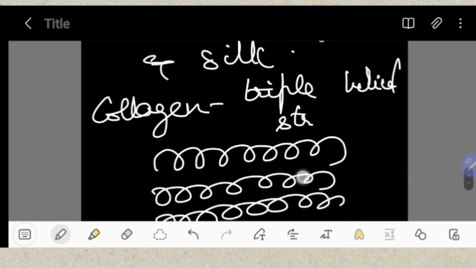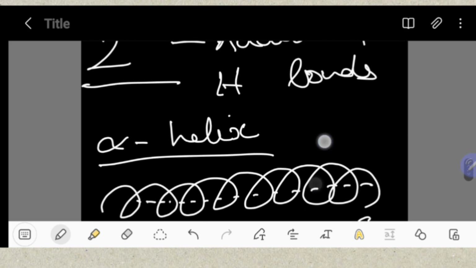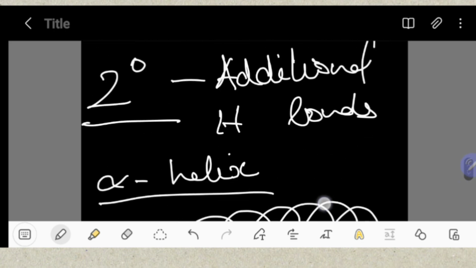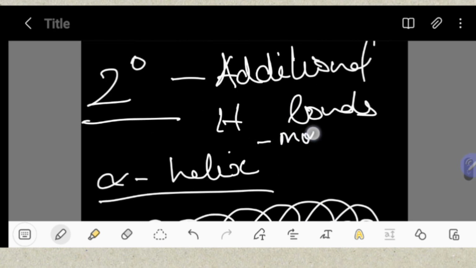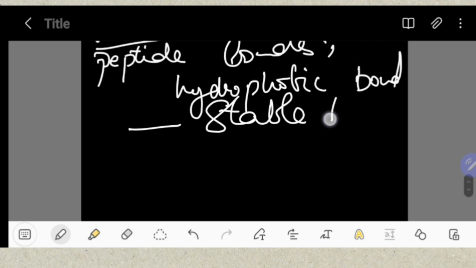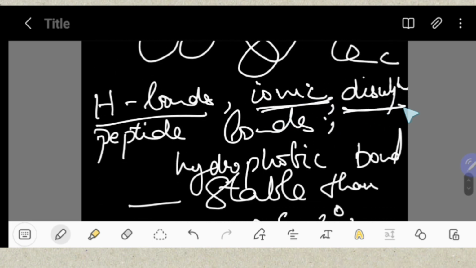Primary is unstable. Secondary is a little more stable than primary, and tertiary is more stable than primary and secondary, because five bonds are there: hydrogen bond, ionic bond, disulfide bond, peptide bond, and hydrophobic bond.